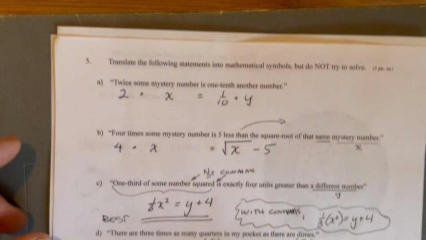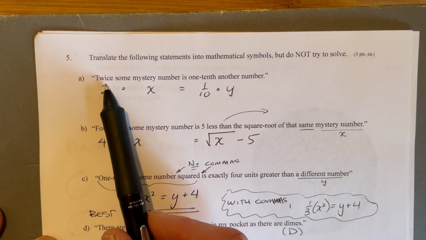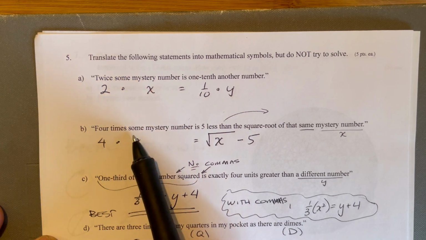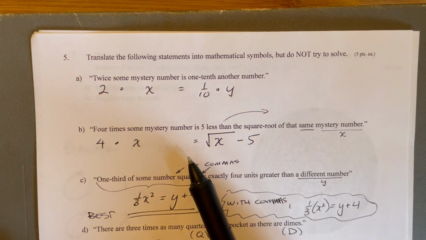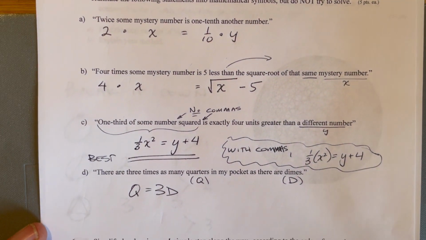All right, so then on to this one, which is just translating words. We need to be able to work with equations, know what twice means, know what the square root means, know what all these terms mean. I think that's fairly straightforward.